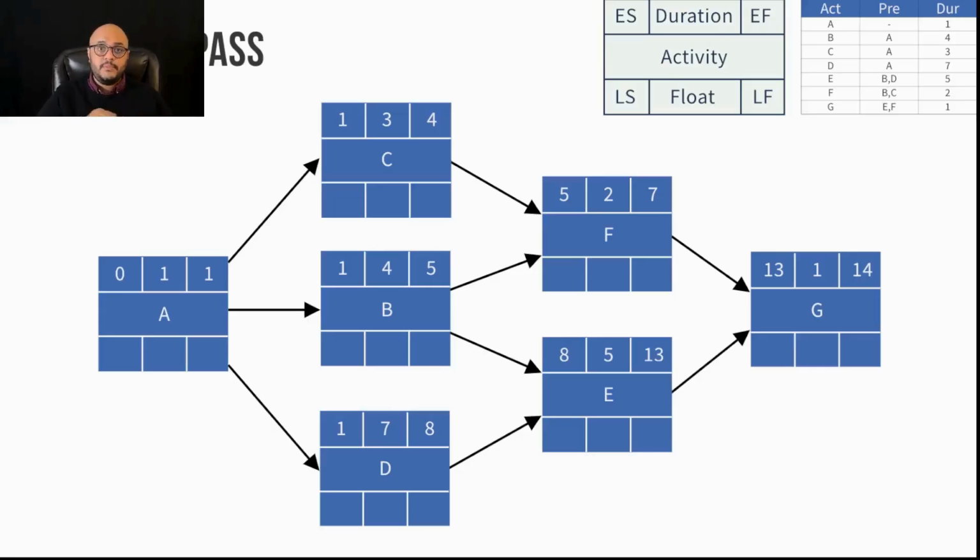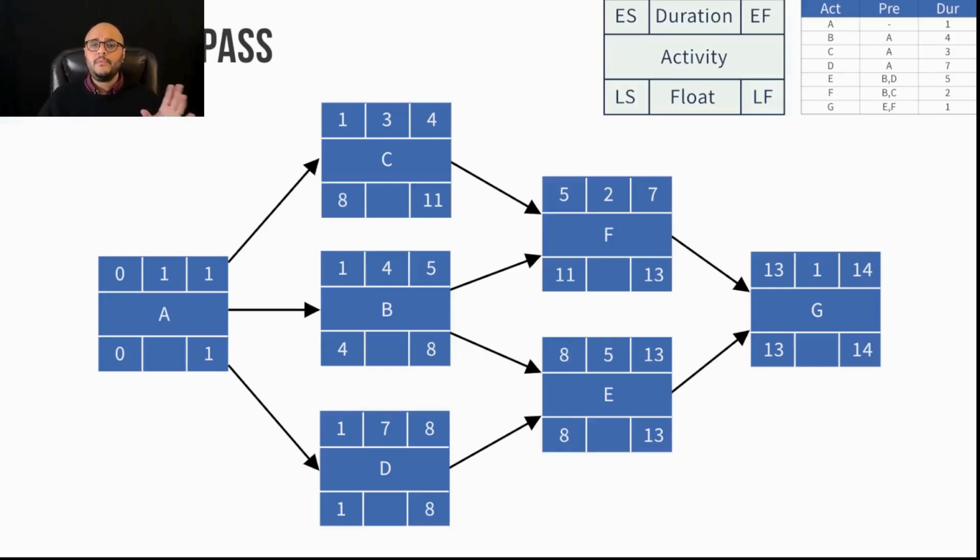Through this forward pass, a very, very basic formula, we've calculated for each task what's the earliest date I can start it and what's the earliest date I can finish it. That was a forward pass. Now we do a backwards pass, quick animations. We start from the end and we work our way backwards. And we use a similar formula, but reversed.